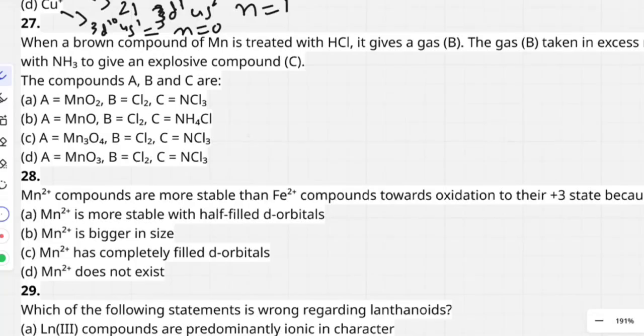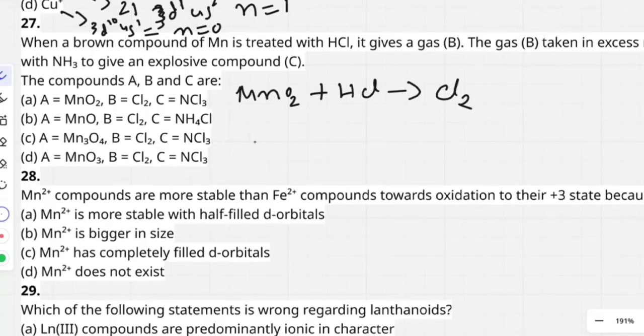See, first I take MnO2, manganese dioxide. A brown compound of Mn is MnO2. This MnO2 when treated with HCl gives chlorine gas, Cl2 gas.